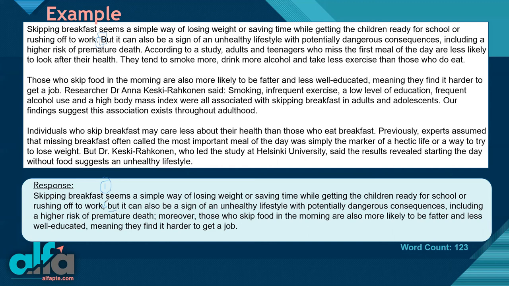So if but is not there, you can add and. All right, let me just explain this to you, then I can give you another example. But it can also be a sign of an unhealthy lifestyle with potentially dangerous consequences, including a higher risk of premature death. So I've completely taken the second sentence also.